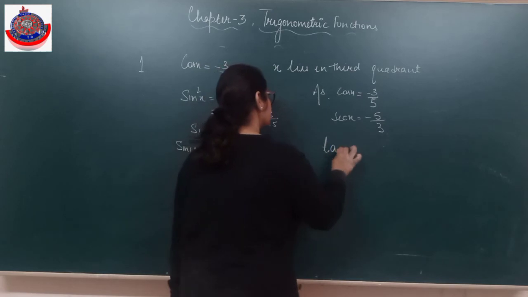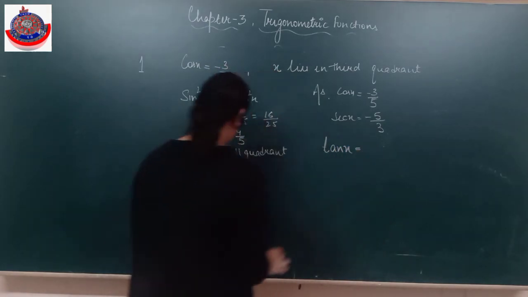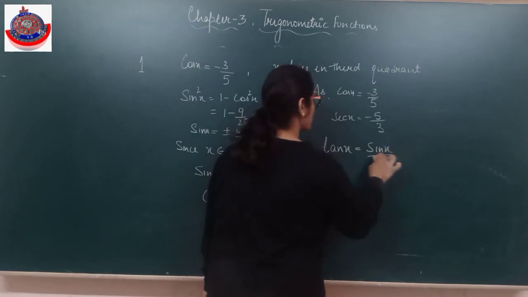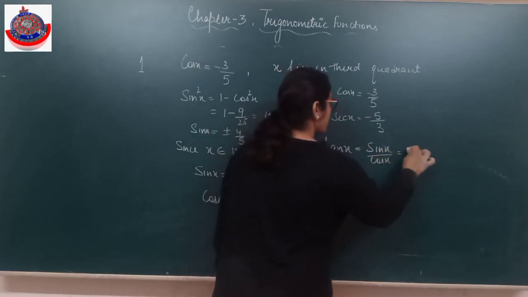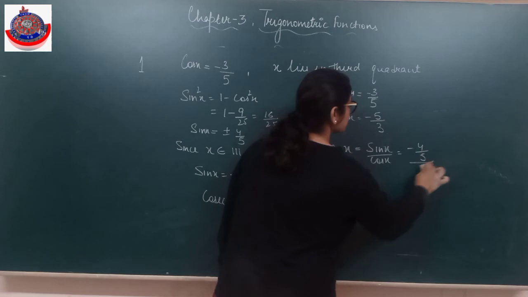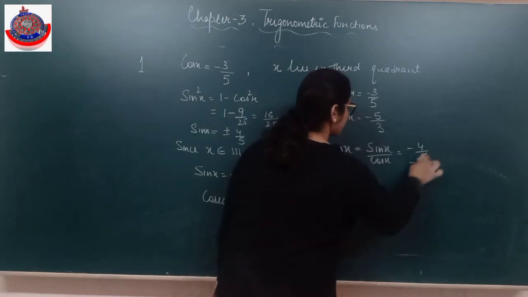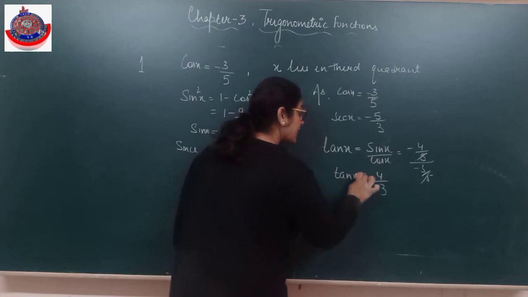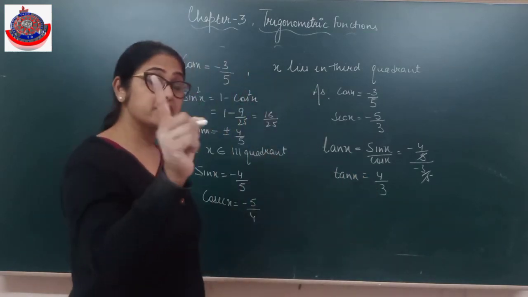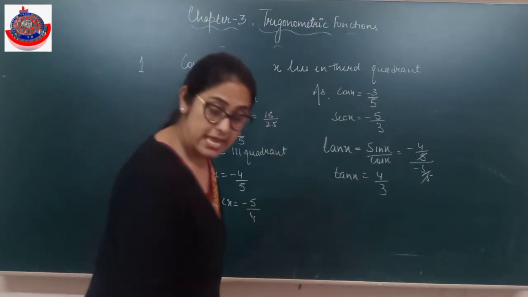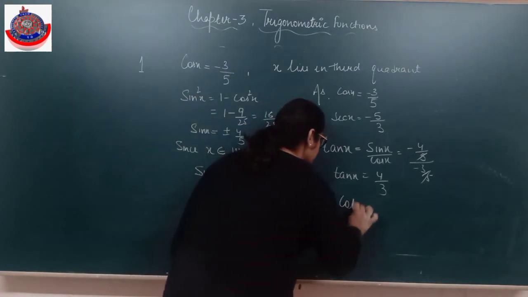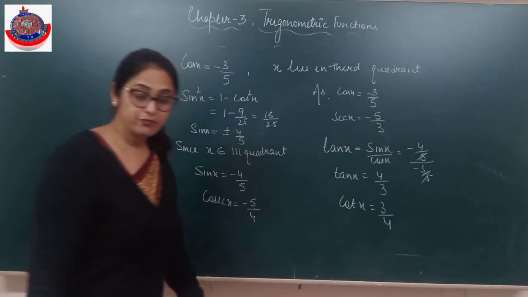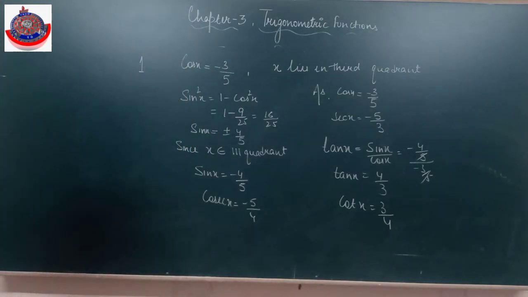In the third quadrant, I put the value sine x upon cos x: minus 4 by 5 and cos is minus 3 by 5. 5 and 5 cancel, so 4 by 3. As I know, tan is positive in the third quadrant, so positive did come. And cot is 3 by 4. I hope it's clear to everyone.